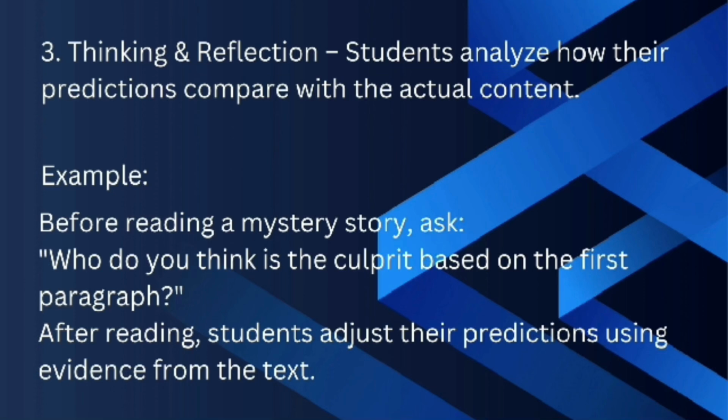So for example, before reading a mystery story, ask, who do you think is the culprit based on the first paragraph? After reading, the students adjust their predictions using the evidence from the text.